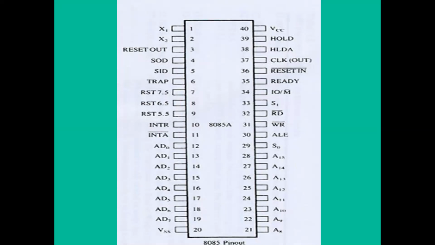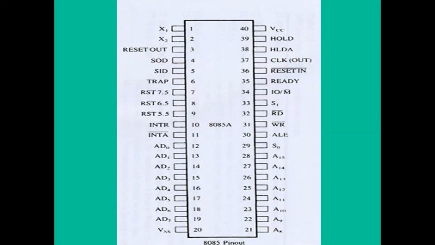Okay. So pin number 1, you don't need to remember that pin number 1 is X1 and pin number 2 is X2. It has a 40 pin IC and you have pins like X1, X2, reset out, SOD, SID, trap, in this way. What the pin number of a particular pin is, you don't need to remember.